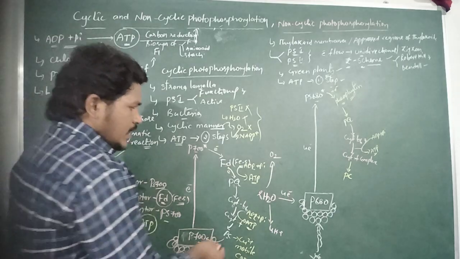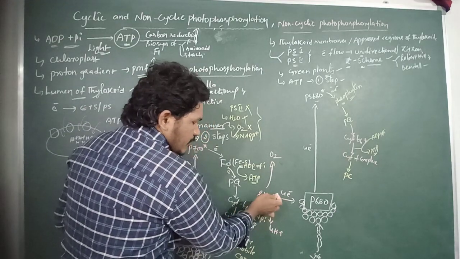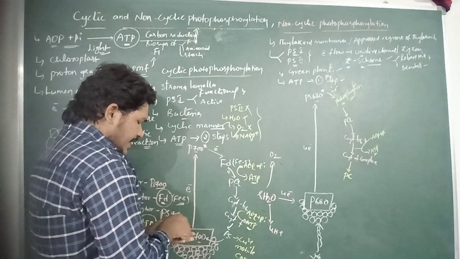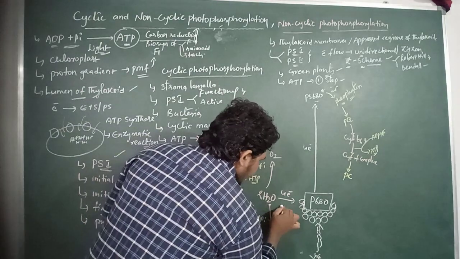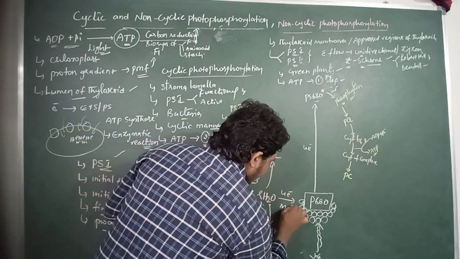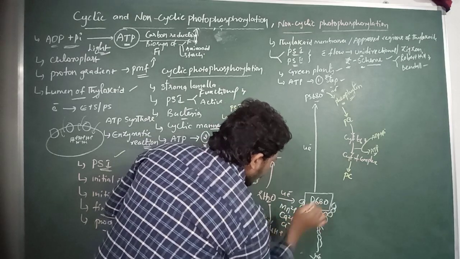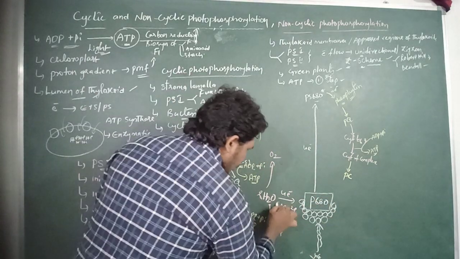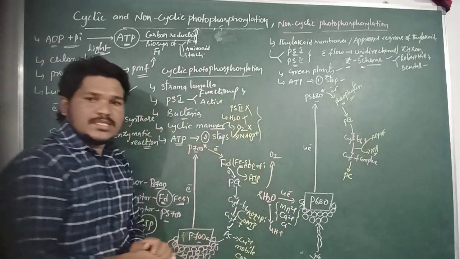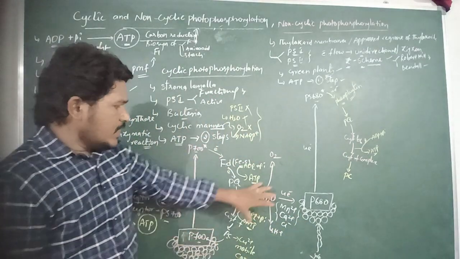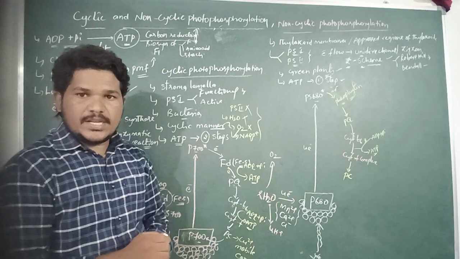The photolysis of water is catalyzed by some metal ions: manganese, calcium and chloride ions. These are the three main metal ions required for the photolysis of water.